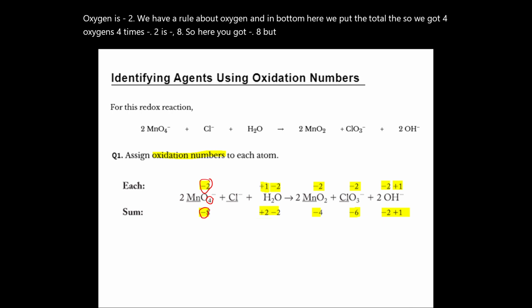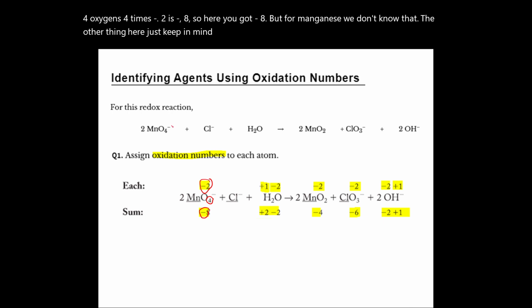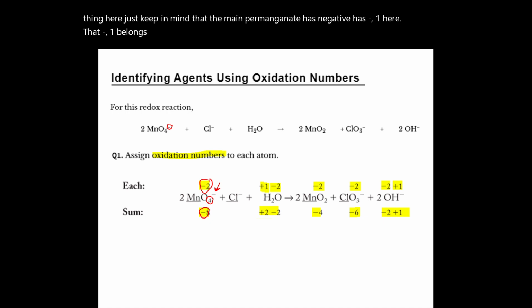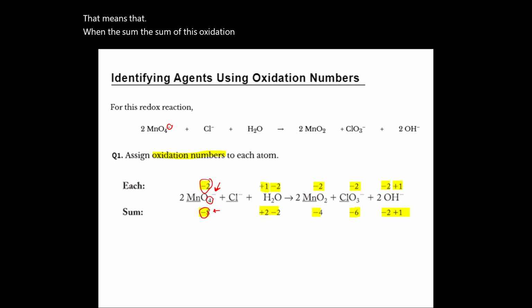But for manganese, we don't know that. The other thing to keep in mind is that the permanganate has -1 here. That -1 belongs to 4 oxygens and 1 manganese atom, so it is a polyatomic ion. That means the sum of these oxidation numbers will have to equal -1.